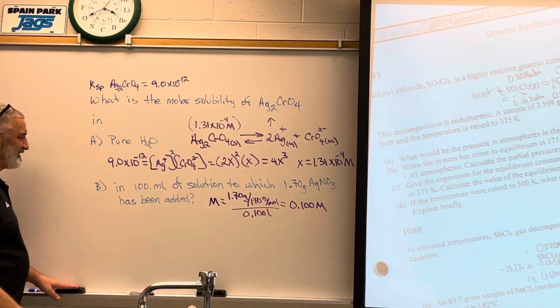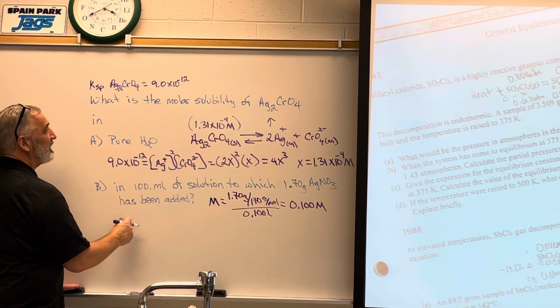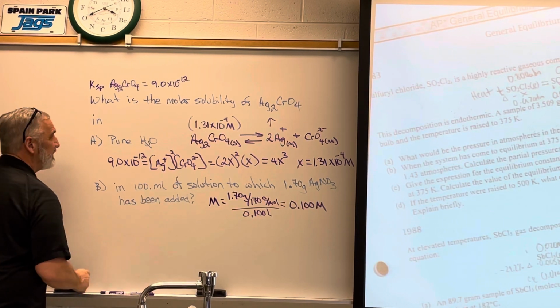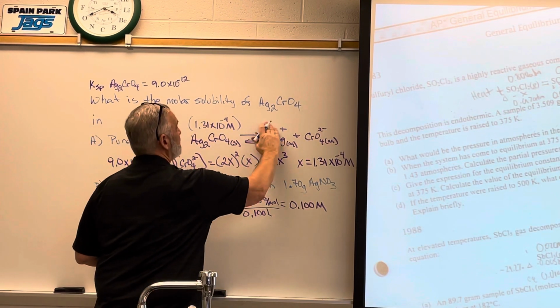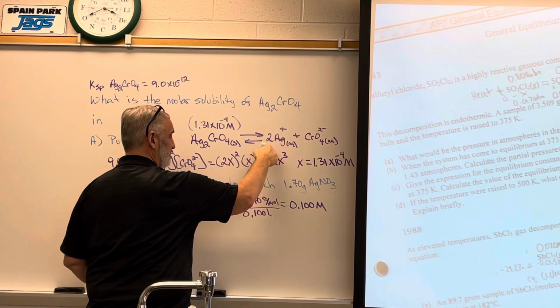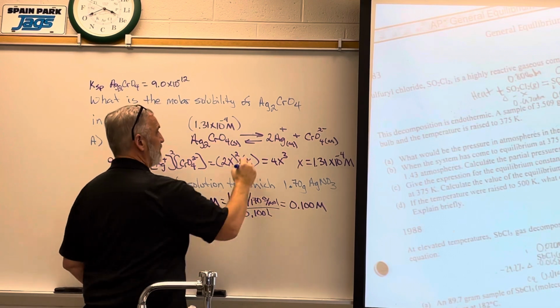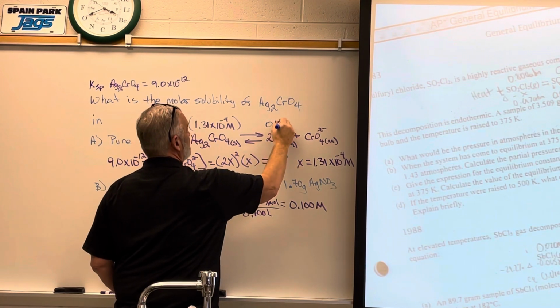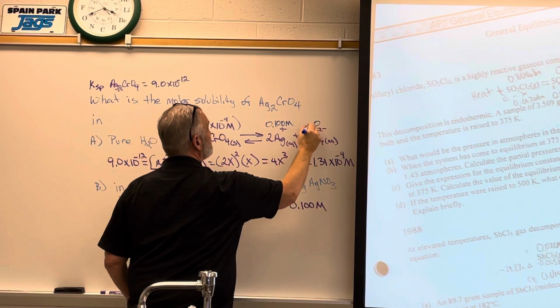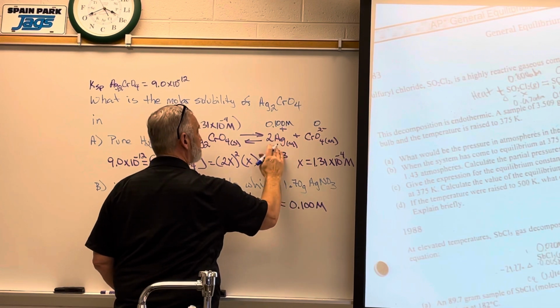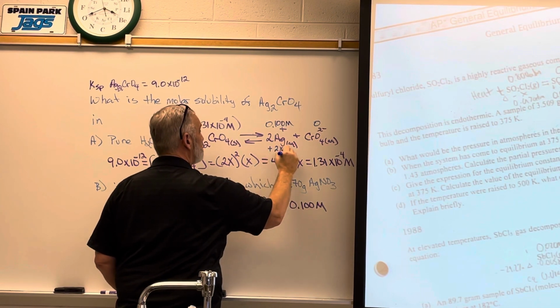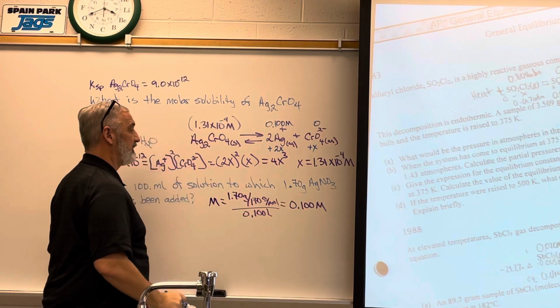Anyway, so now, going through this, my initial concentration of silver is not 0. It's 0.1, and 0 for chromate, but this is going to be plus 2x, and this is going to be plus x, right?